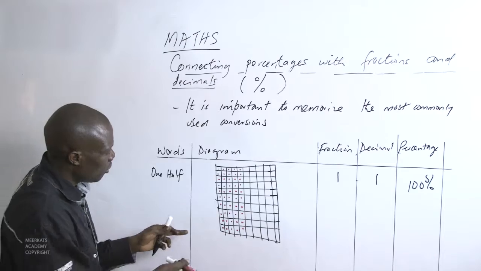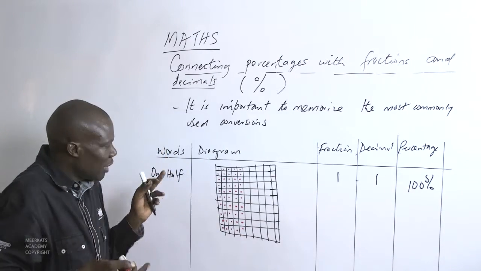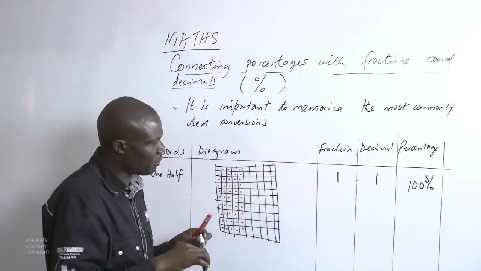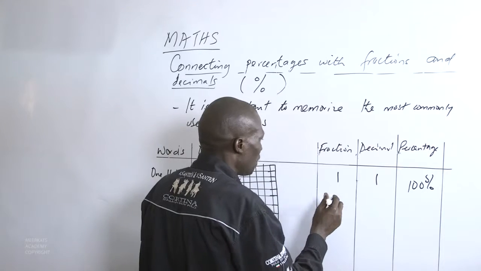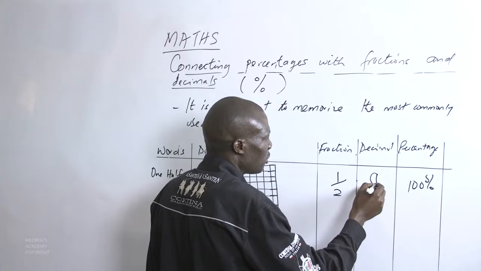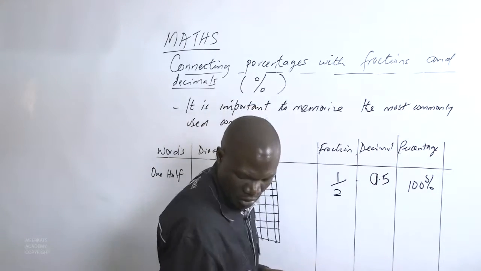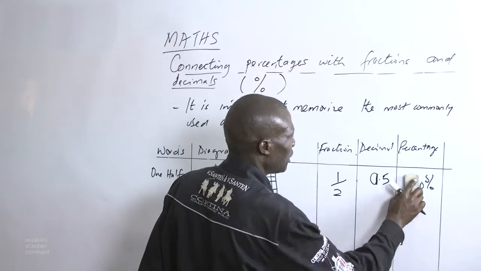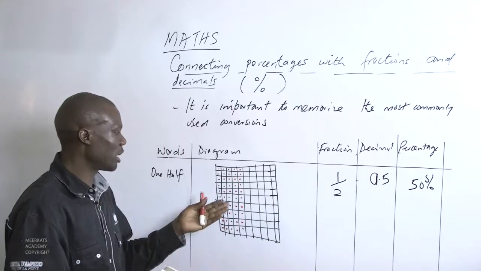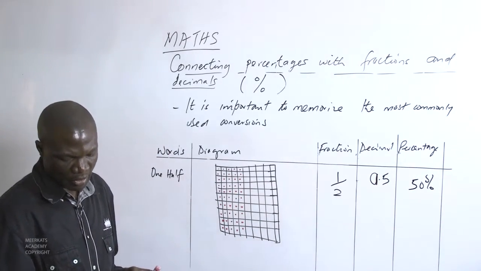So I've got 5 columns shaded, and I've got 5 columns unshaded. This, as a fraction, is called 1/2, and as a decimal is called 0.5, and as a percentage, it is called 50%. So by just looking at what we have, we can simply convert.